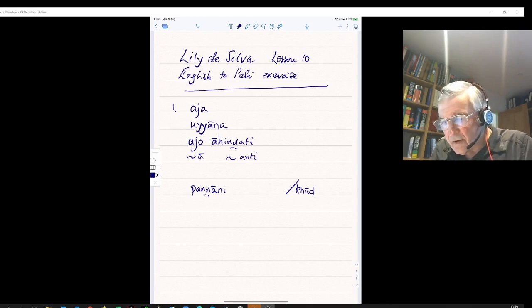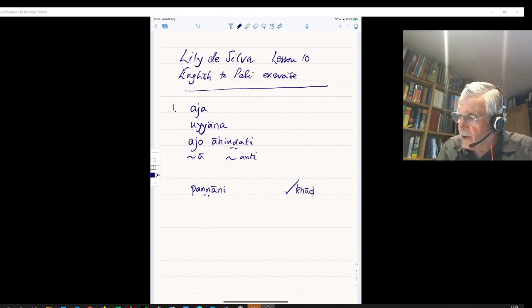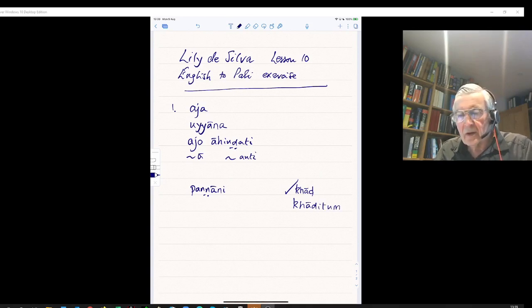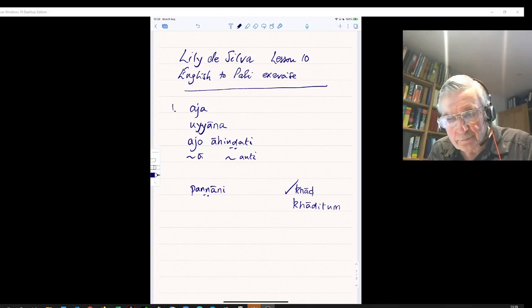But the infinitive, it's made with the link vowel i, so it becomes kaditum. So to eat leaves is therefore banani kaditum.